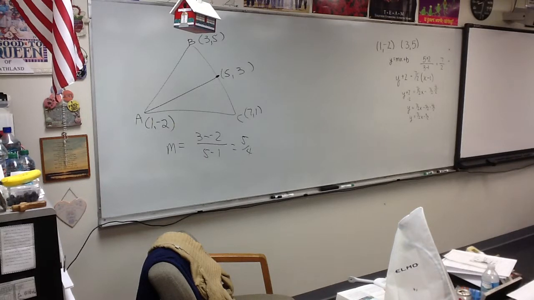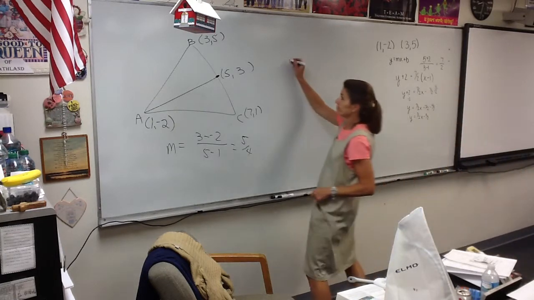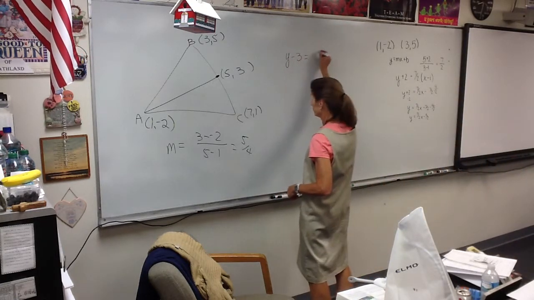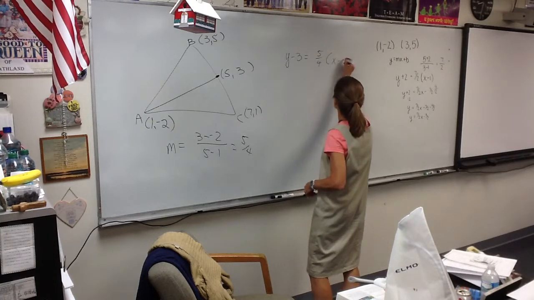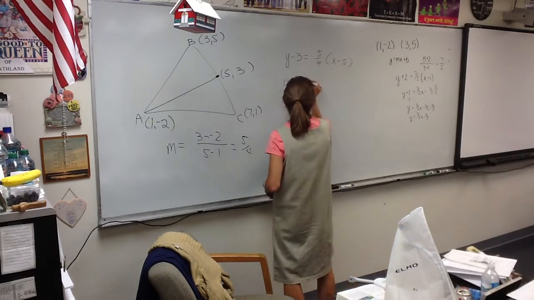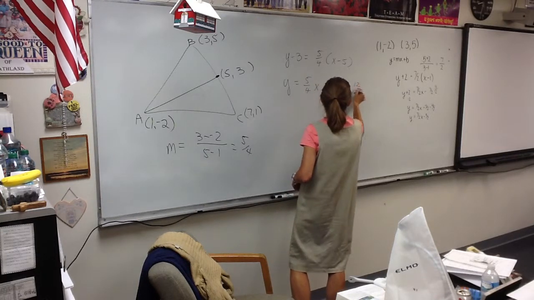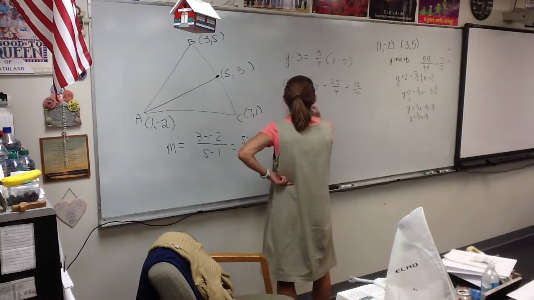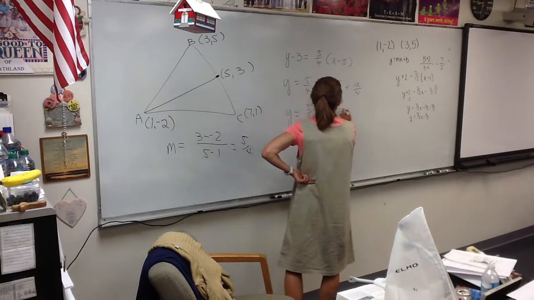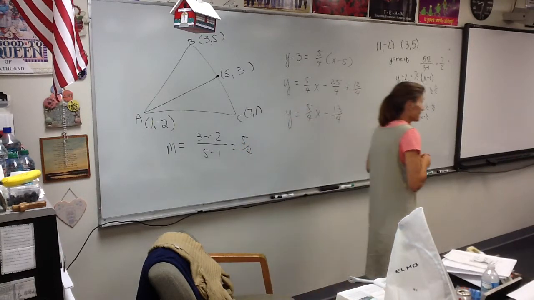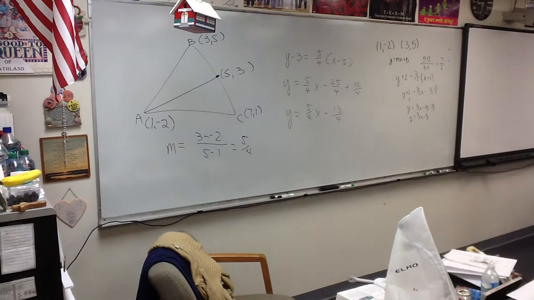Now, once we get our slope, then we're ready to write the equation, right? I got 5/4 x minus 13/4, but I could have made a mistake. That's what we got from there.